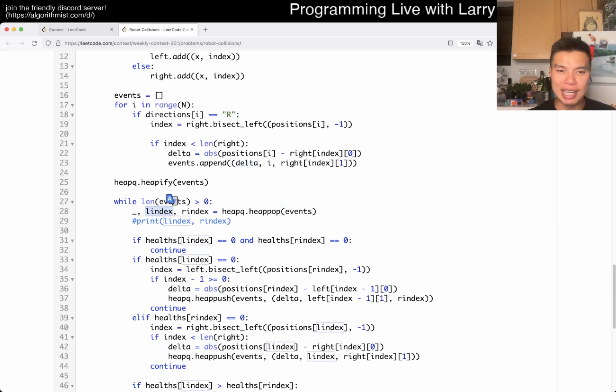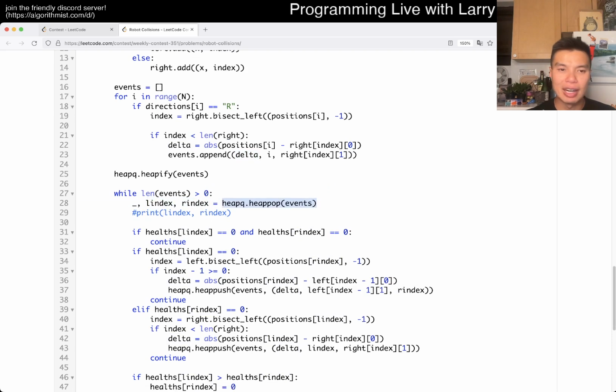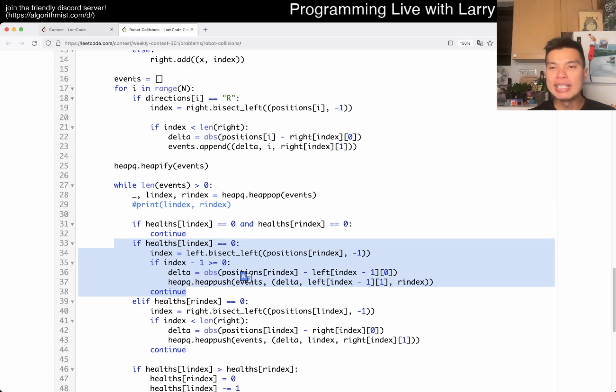Basically, now we get the left index and the right index. We pop it off the events. If they're both already dead, we just skip it. If only one of them is dead, so if the one facing left is dead, that means the right one, the terminology is very confusing, but basically you find the partner, because one of them is dead, so now you have to enqueue the next one, the one after that, for the one that survives.